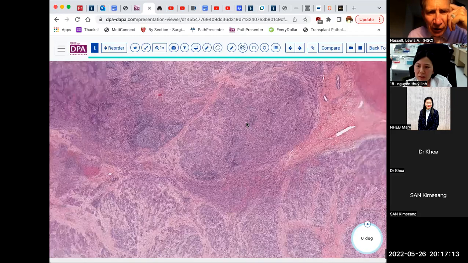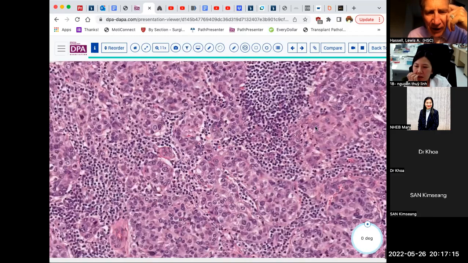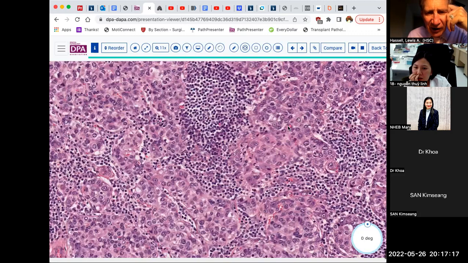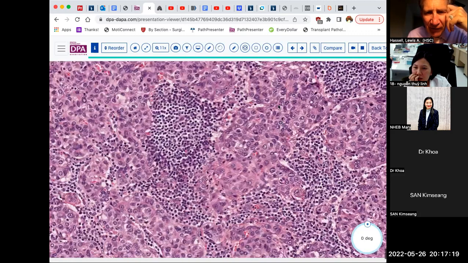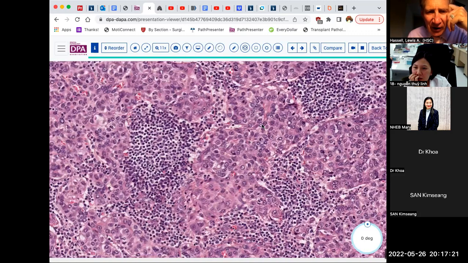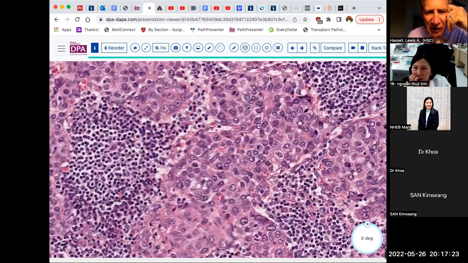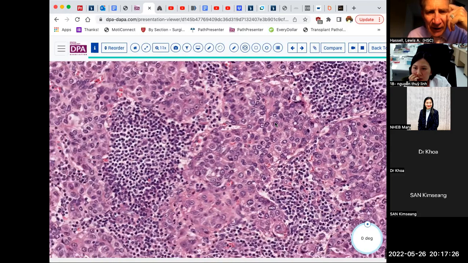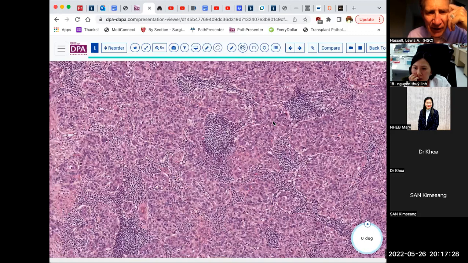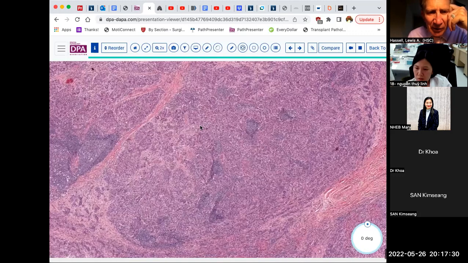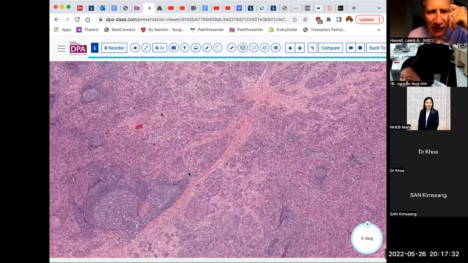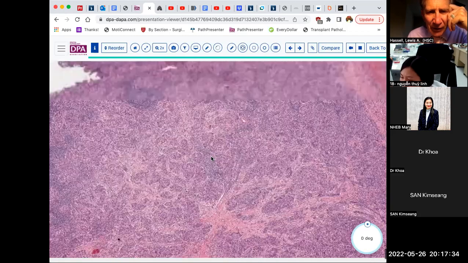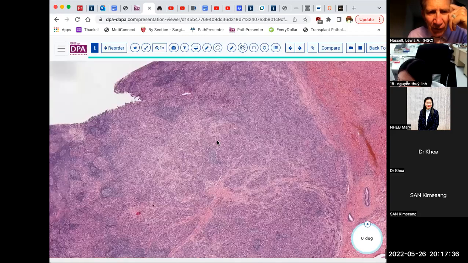Now, we'll also look at this area up here, which looks a little bit different, more hepatoid, as you see here. Solid nests, rounded. So this component looks more clearly to be hepatocellular. It doesn't have that dual nature.